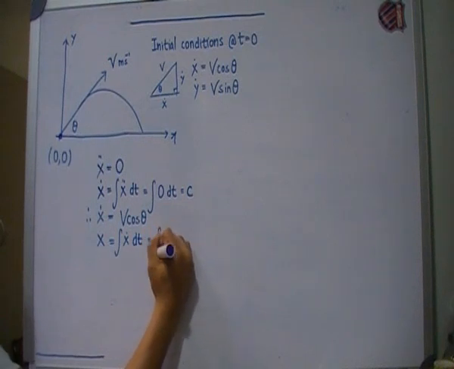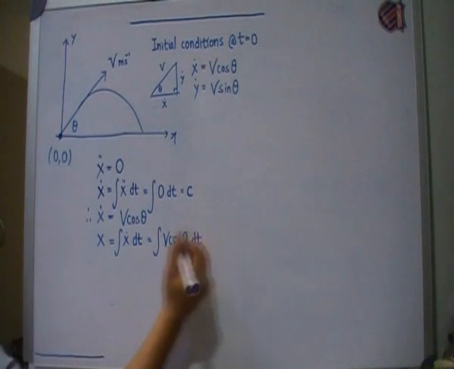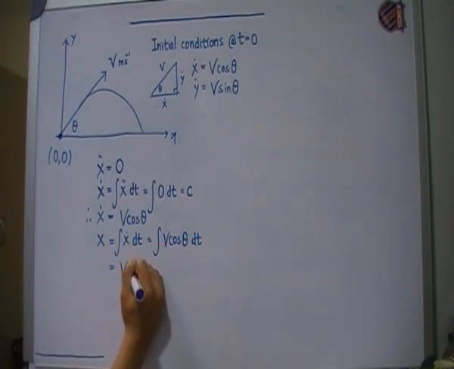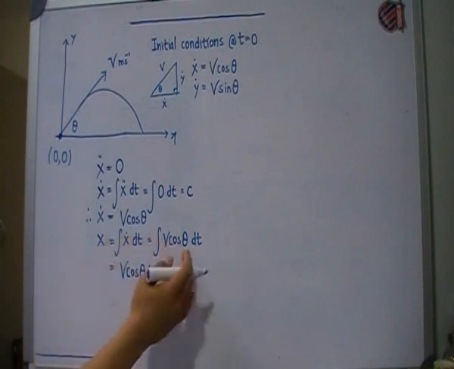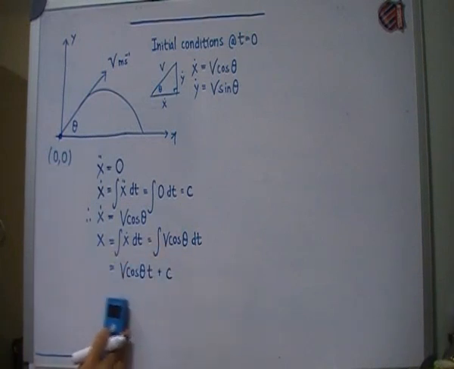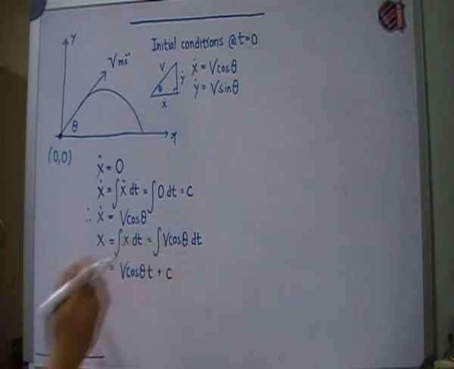That equals the integral of v cos theta dt, which gives v cos theta t plus c. That's just like integrating a constant. Because there is no t in this formula, we don't have to go through the hectic trigonometric integrals. We are integrating with respect to t, keep that in mind.